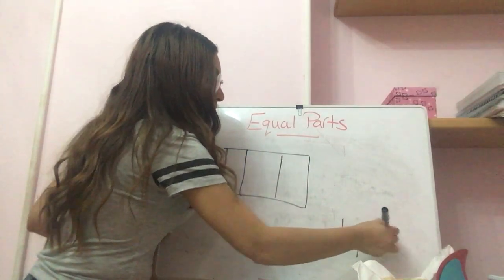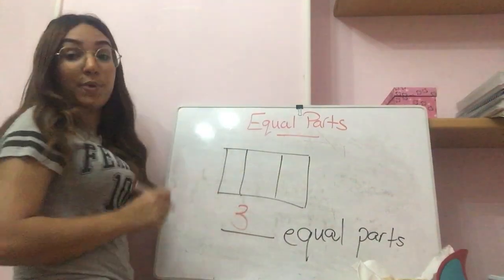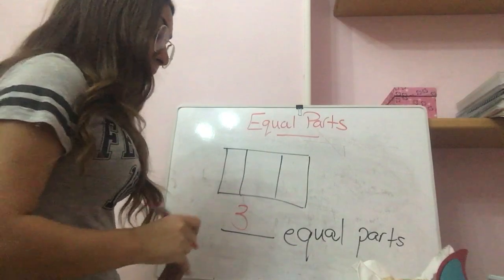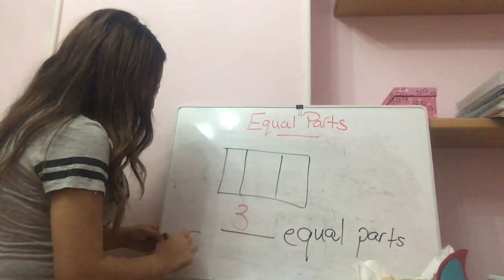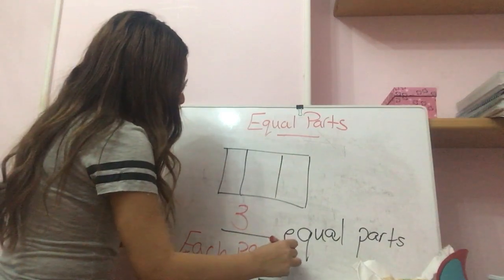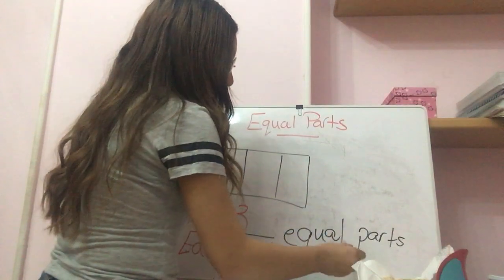Who can tell me? Yes, excellent. I have three equal parts. So that means that each part is a third. Yes, very good.